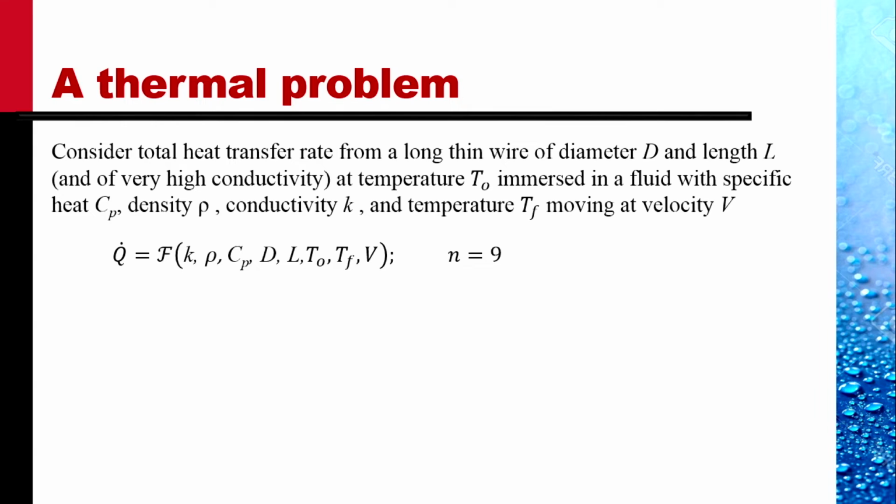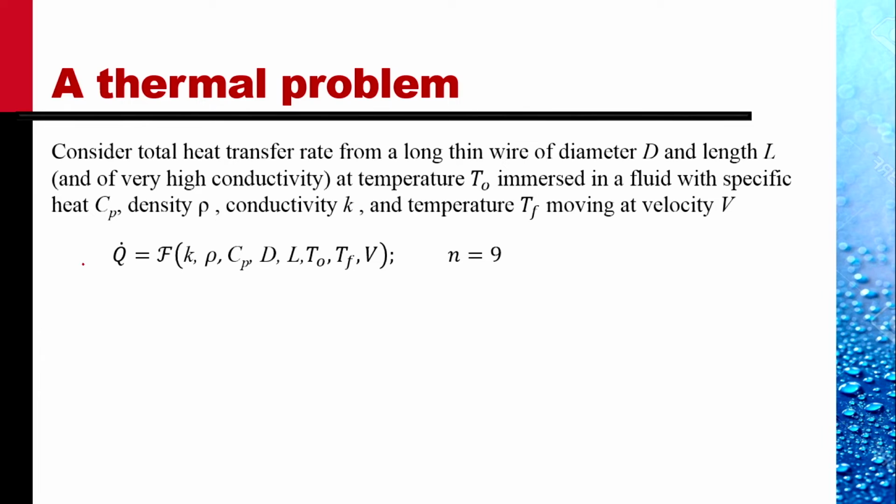The wire is initially at temperature T0 and is immersed in a fluid with specific heat capacity Cp, the density rho, conductivity K, and the temperature Tf, and moving past the wire with the velocity v.